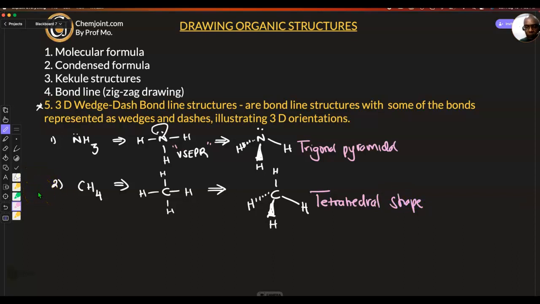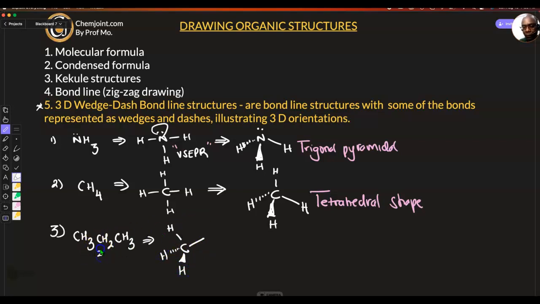Okay, and we can do another one, showing 3D with dashes and wedges. Let's do a chain like CH3, CH2, CH3. For this one, 1 hydrogen will be on the plane, 1 will be at the back, 1 will be towards us. We are trying to maintain the zigzag.